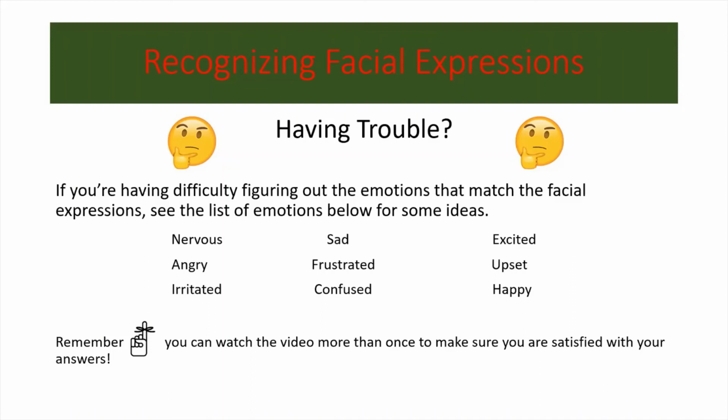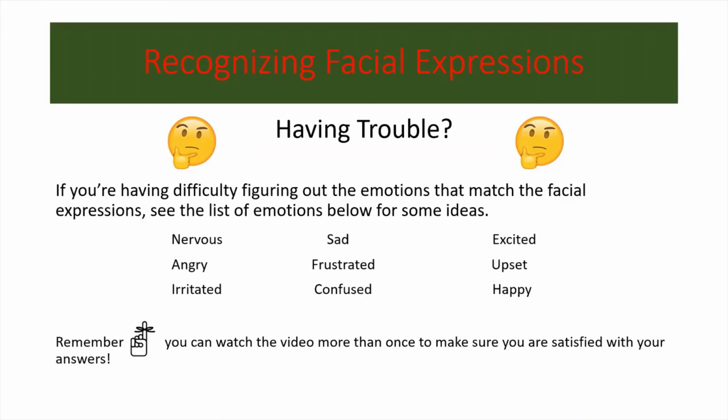And remember that sometimes more than one of those might go with a picture. That's definitely possible. There may not be one definite answer, in fact, for some of the pictures you saw. But just do your best to decide which one you think is most appropriate for the picture.